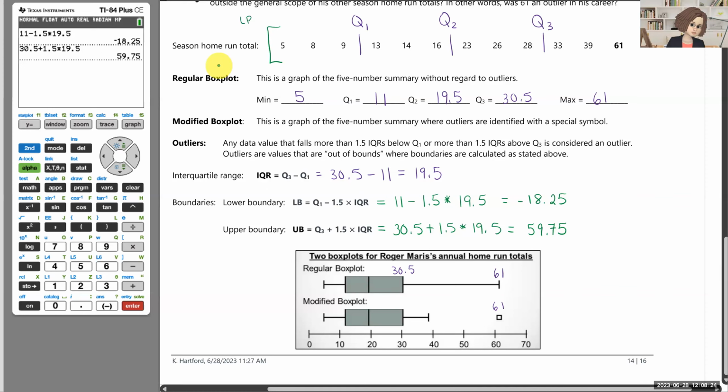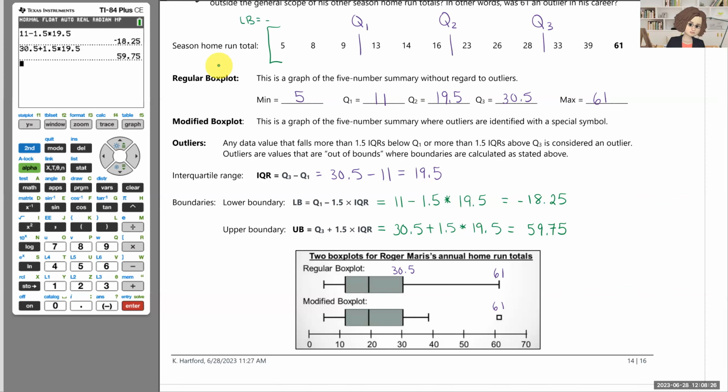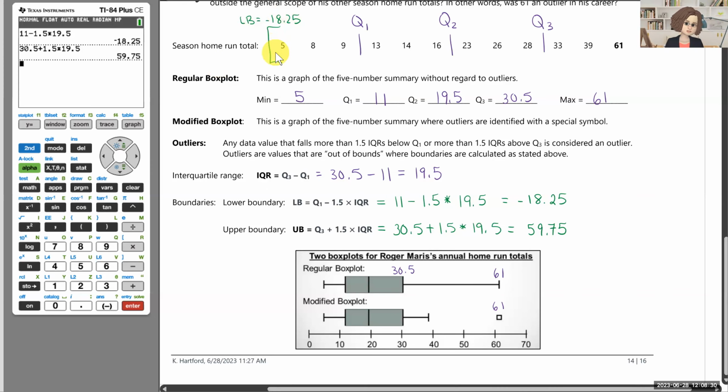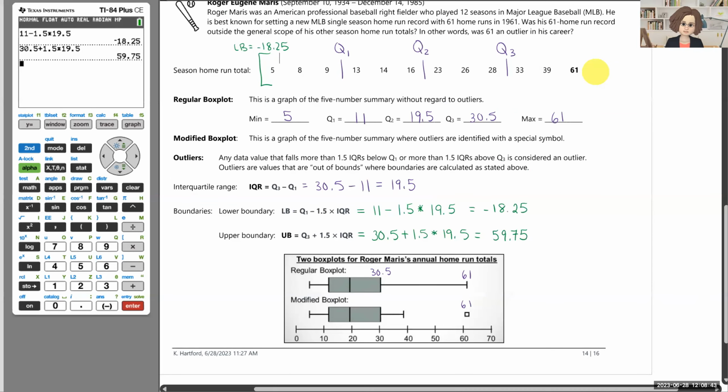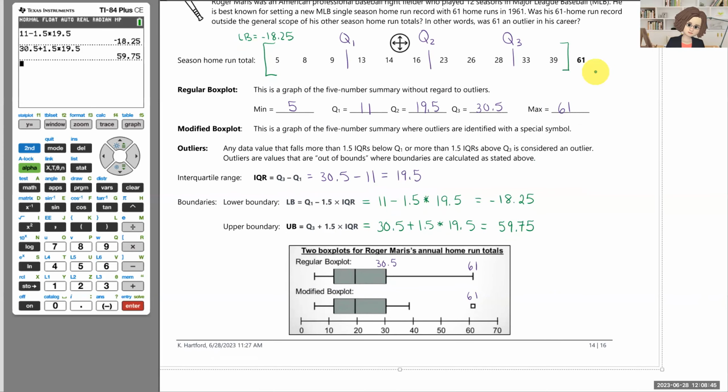So I'll just write LB, lower boundary, negative 18.25 on a number line would be somewhere left of 5. And then our upper boundary, 59.75. So on a number line, that would be somewhere here between 39 and 61. So there's our upper boundary.